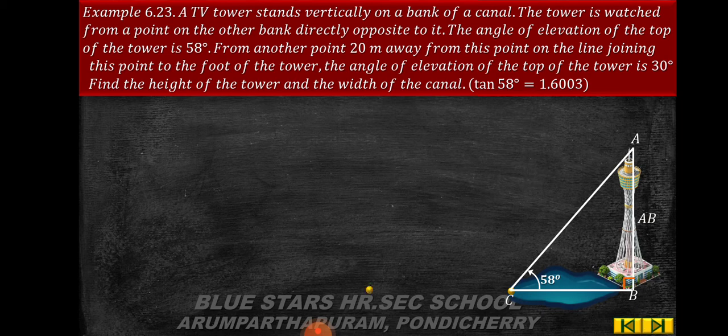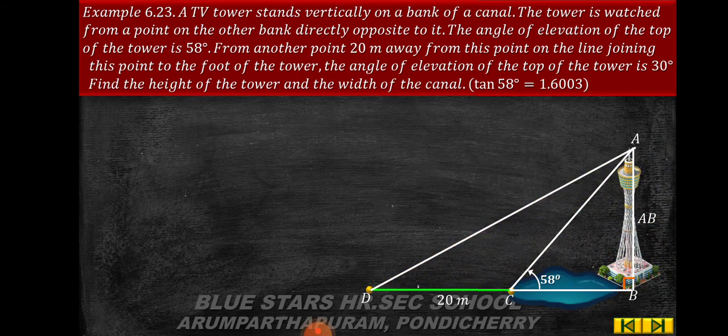We don't know AB, and there is another point D. Join the point from C to D, that is 20 meter, because in the question itself they gave another point 20 meter away, on the line joining this point to the foot of the tower.